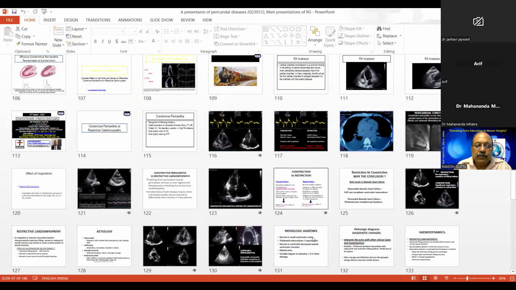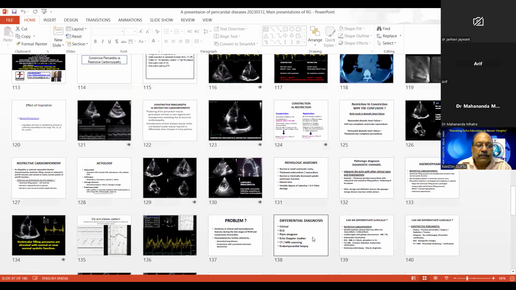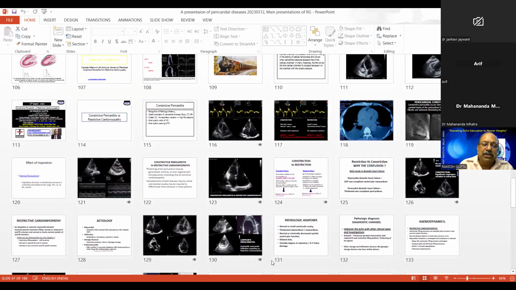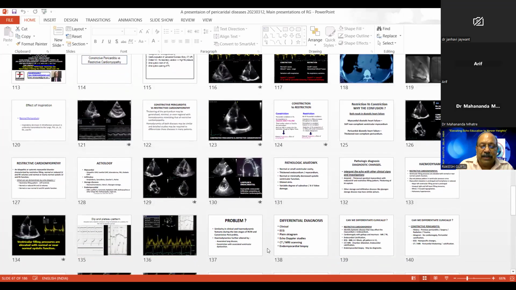Can you show, sir, the cardiac tamponade diagnosis? Cardiac tamponade is more or less the same. In cardiac tamponade, respiratory variations are more than 25%, in both LV and RV. The IVC is plethoric. On top of that, you have systolic compression of the RA and diastolic compression of the RV, because in pericardial tamponade, intrapericardial pressures are more than intracavitary pressures.